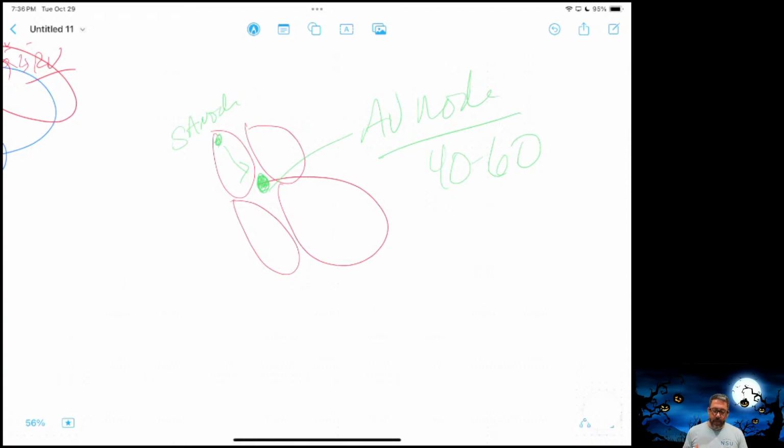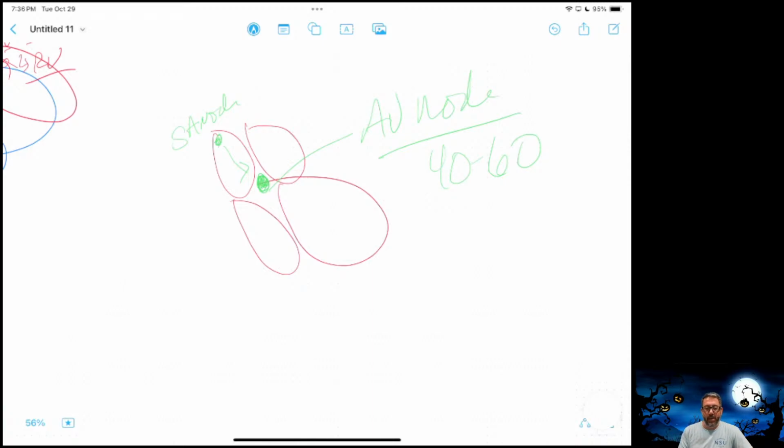So if there's a period of time where the SA node hasn't fired and then nothing is going on, eventually the AV node is going to send a signal to get the ventricles to beat, because it has its own intrinsic rate and it's waiting to be told what to do, but nothing is telling it what to do because the SA node is out. So the AV node is just waiting there, waiting for a stimulus, nothing happens.